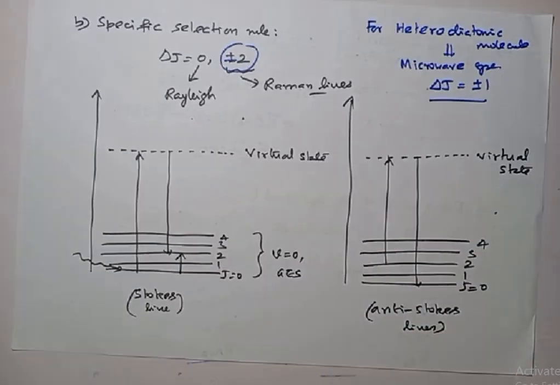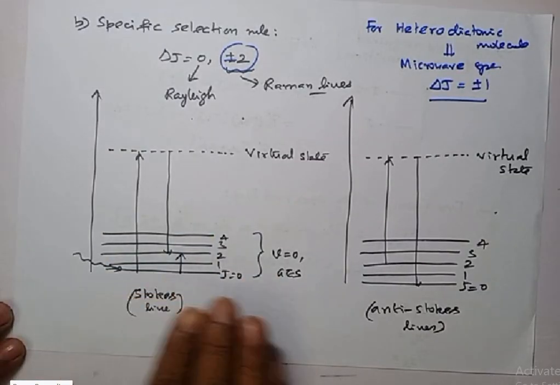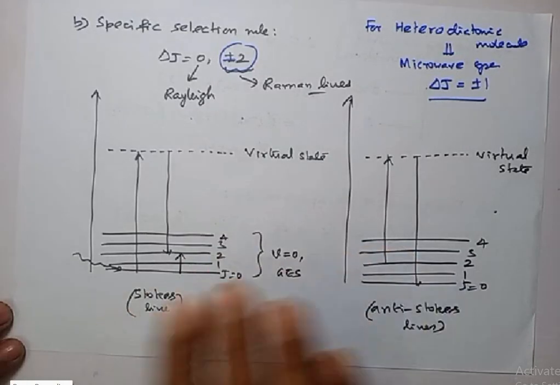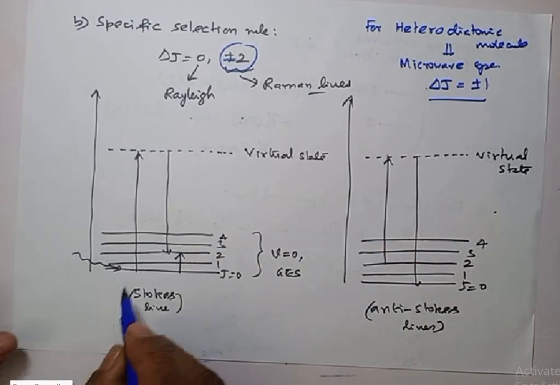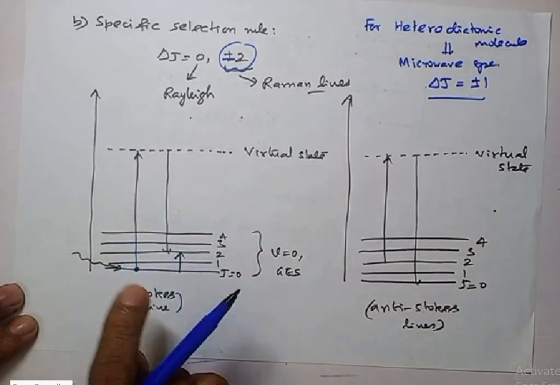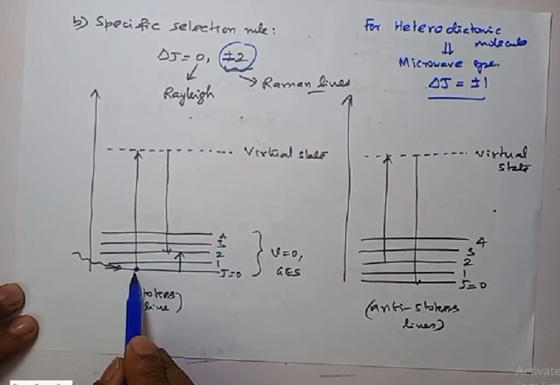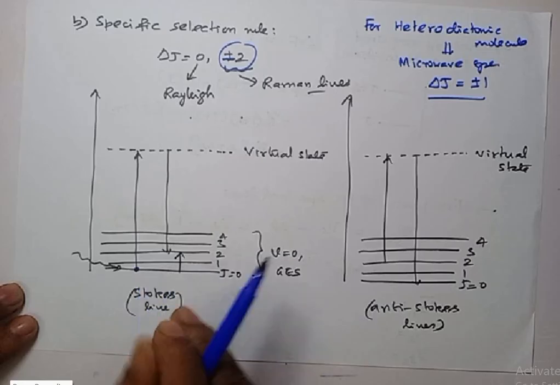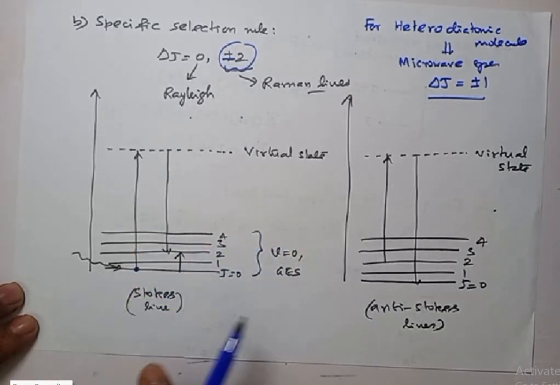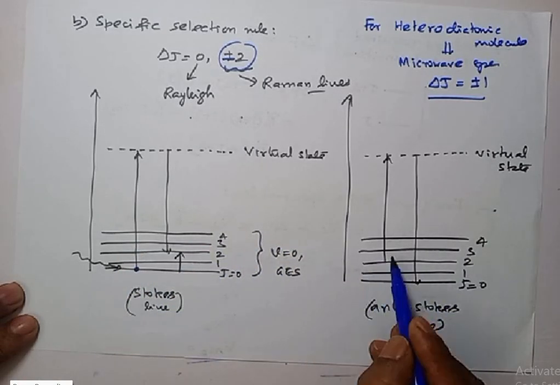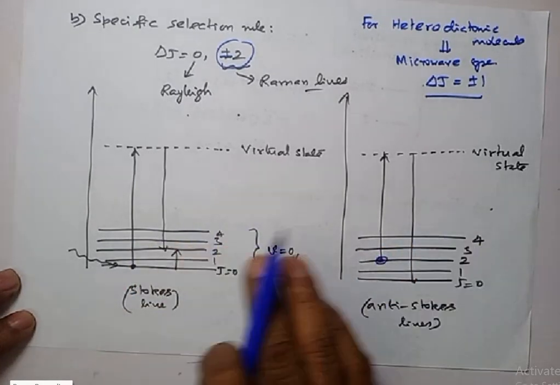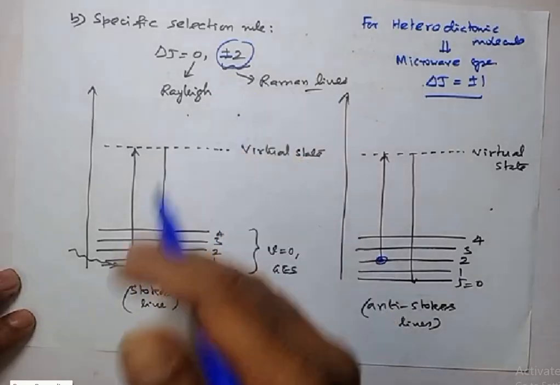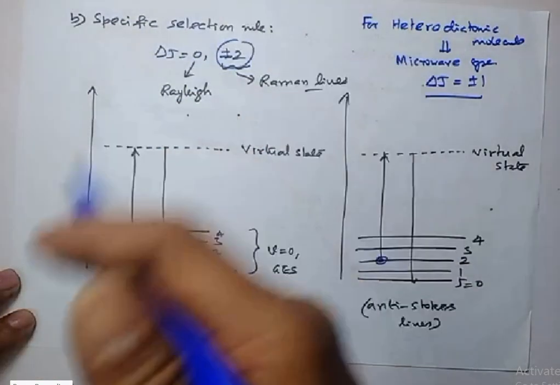Take note: in the rotational Raman spectrum, the intensities of Stokes lines and anti-Stokes lines are almost equal. Why? The reason is that the Stokes line starts from the J equals 0 level, where we have some population. And the anti-Stokes line starts from the J equals 2 level, but the population is almost equal because all J levels are heavily populated.